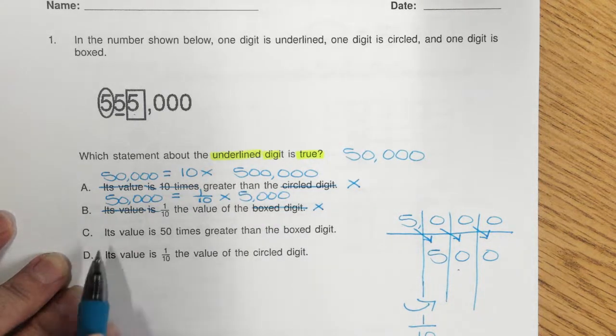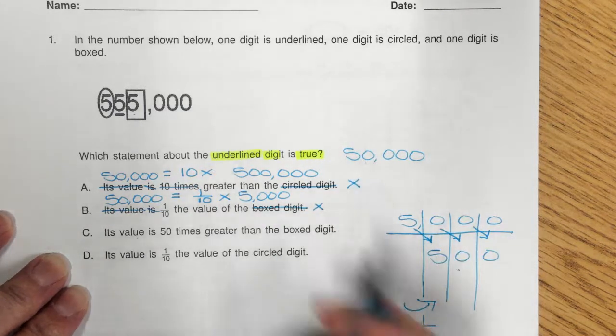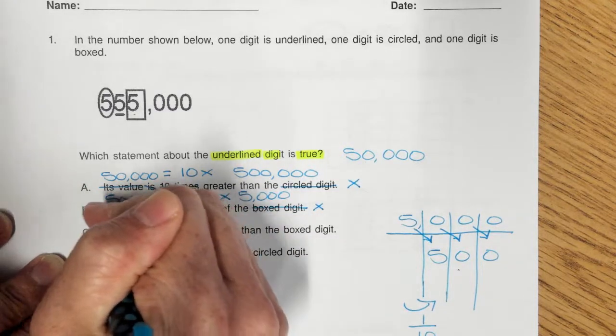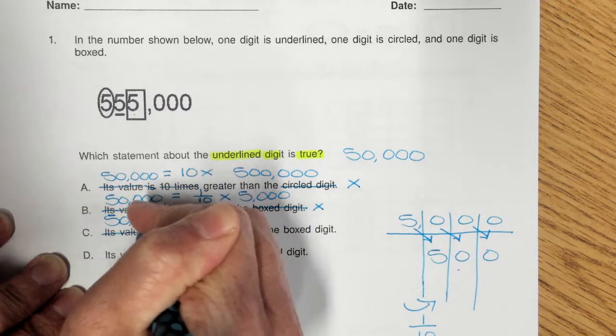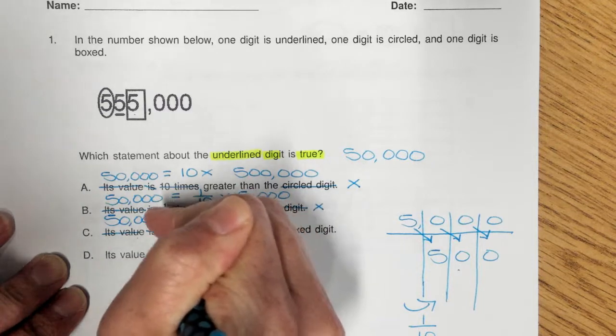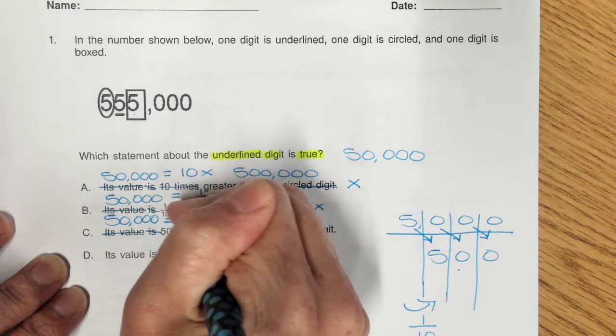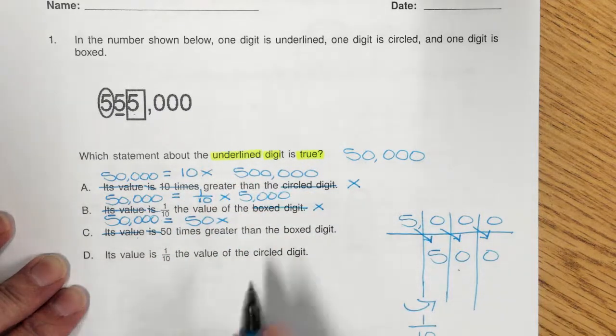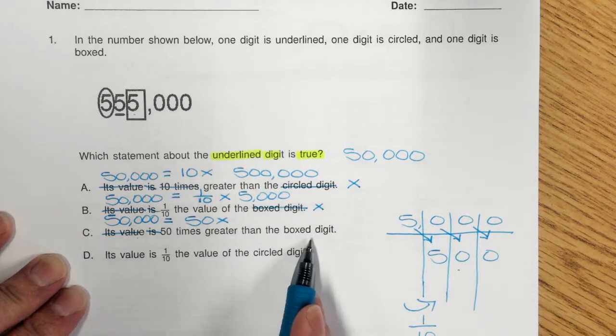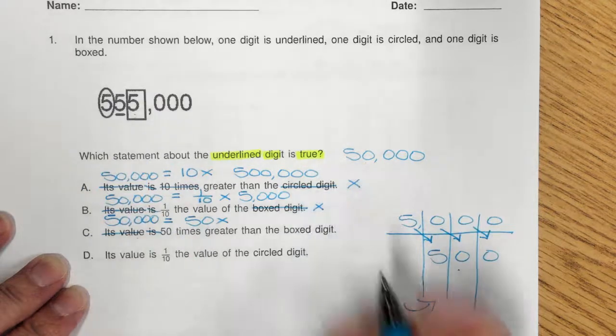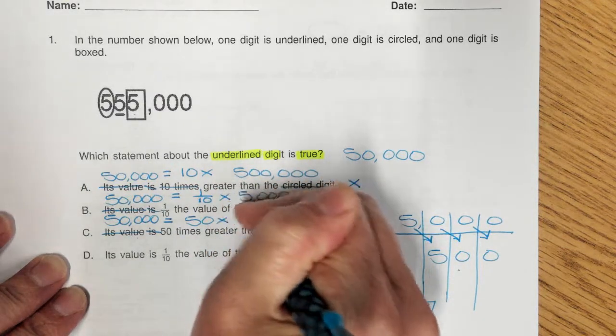Let's take a look at C. Its value, we're talking about 50,000, is equals 50 times greater. So we're looking at 50 times the box digit. The box digit again is 5,000.